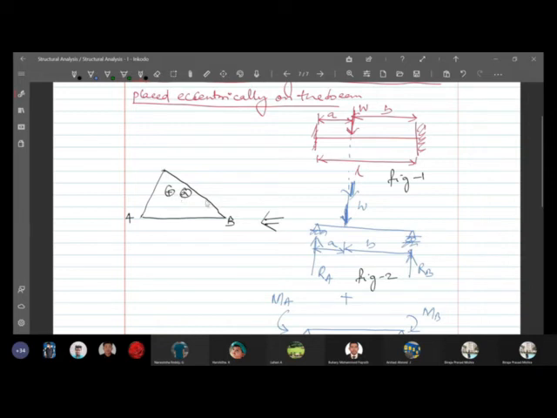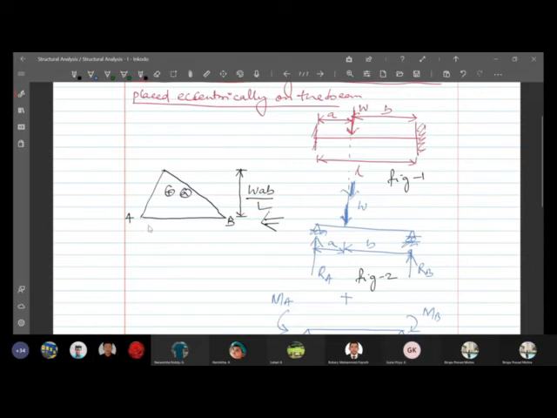And what will be this maximum value? W A B by, what is the value? Who can tell? Yes, L. W A B by L.